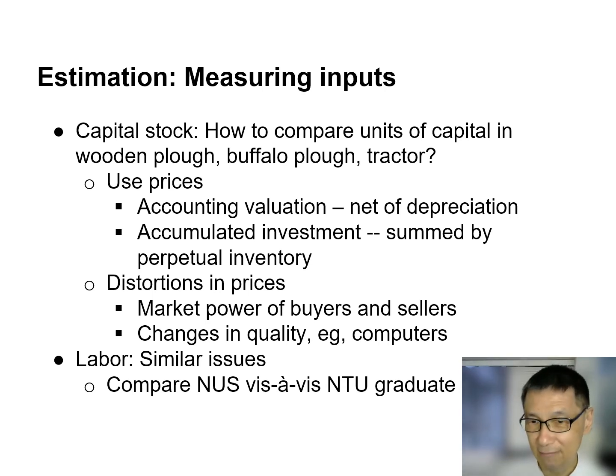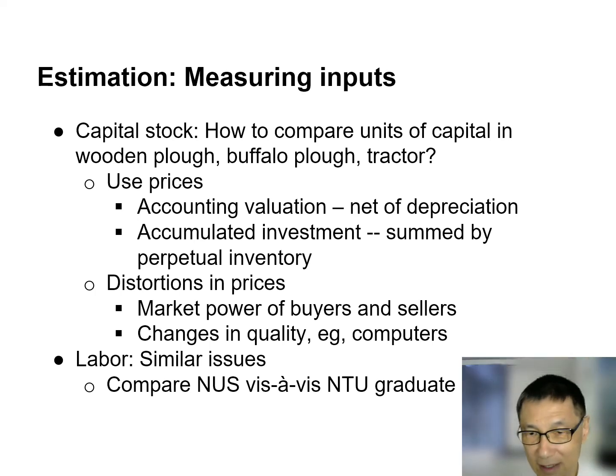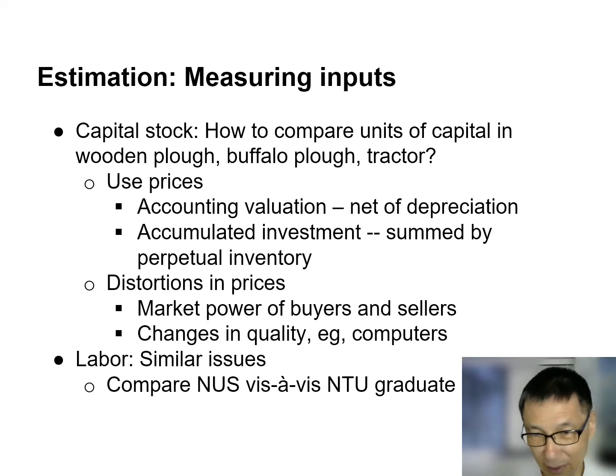So how do we compare these units of capital? They're clearly not comparable. Again, using prices is fraught with difficulty, but maybe the only way. So we have to worry about distortions in prices due to market power of buyers and sellers, and then changes in quality that are not reflected in prices.